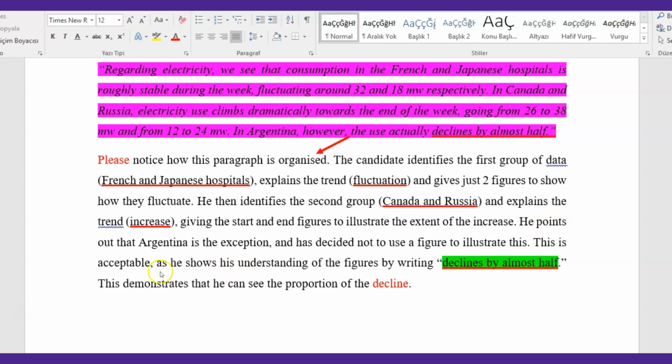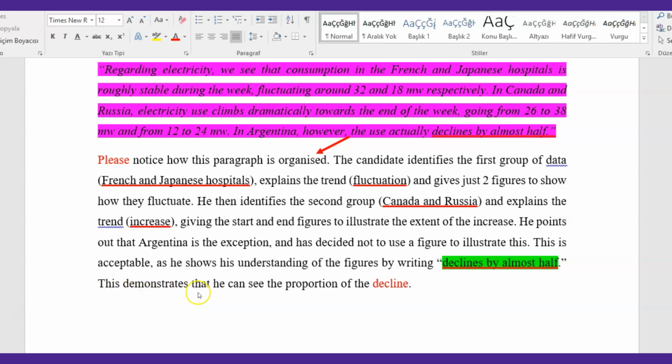He shows that Argentina is the exception and has decided not to use a figure to illustrate that. This is acceptable, remember that, as he shows his understanding of the figures by writing declines by almost half without writing any figures, any number.